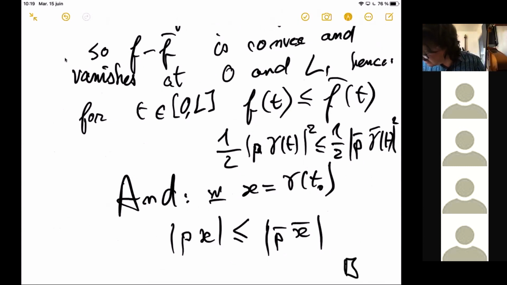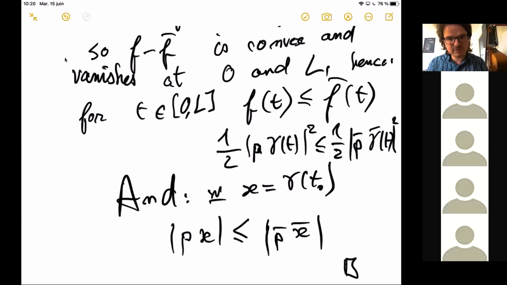Okay, so that concludes the proof of the triangle comparison theorem in negative curvature. And as you see, as soon as we can make sense of this computation, this is okay.